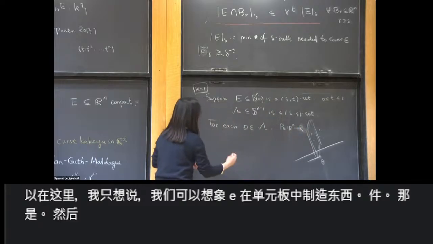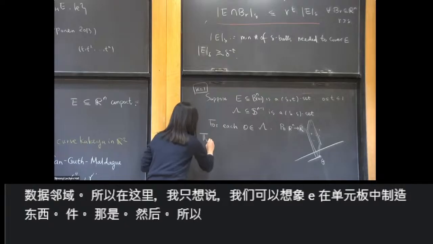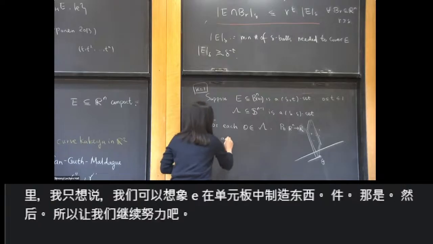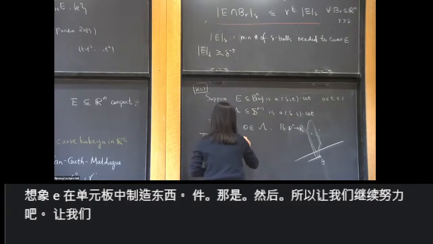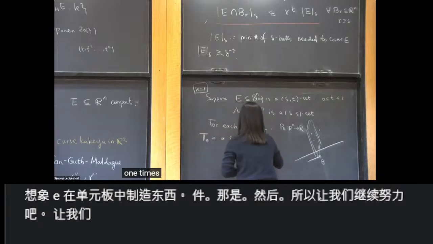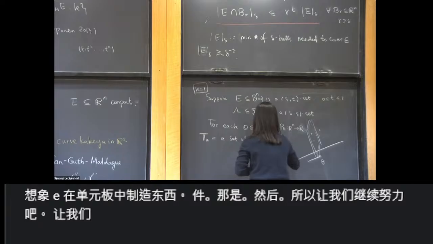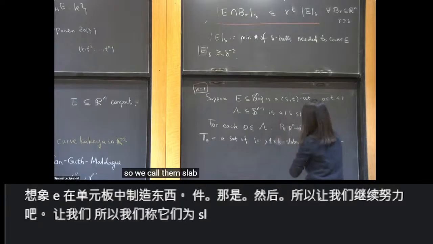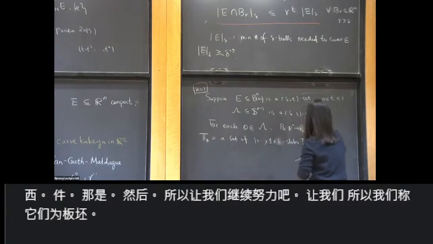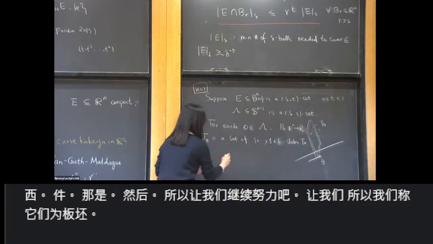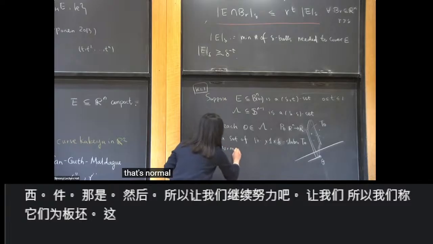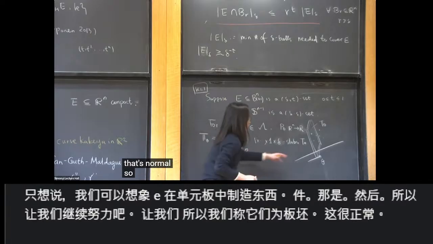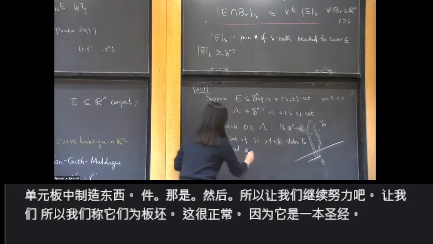Then let T theta be a set of 1 times 1 times delta slabs. We call them slabs T theta. That's normal, orthogonal to the theta direction, because it's a projection.